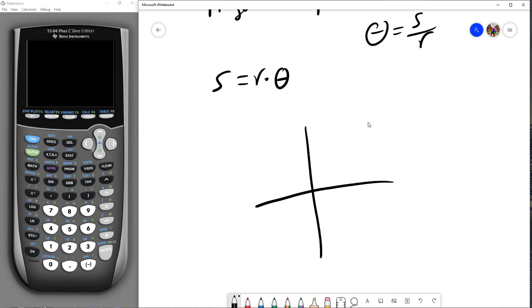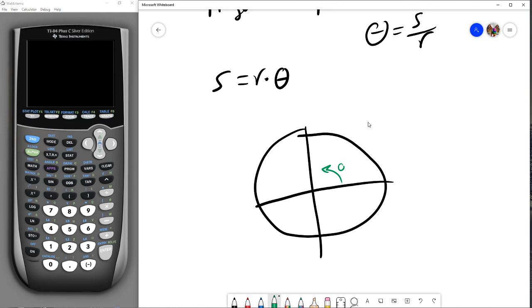So when we think about our circle now, we talked about how if we form an angle theta, we form the following figure here, right? So here's our radius r, and then the arc length is this distance here.